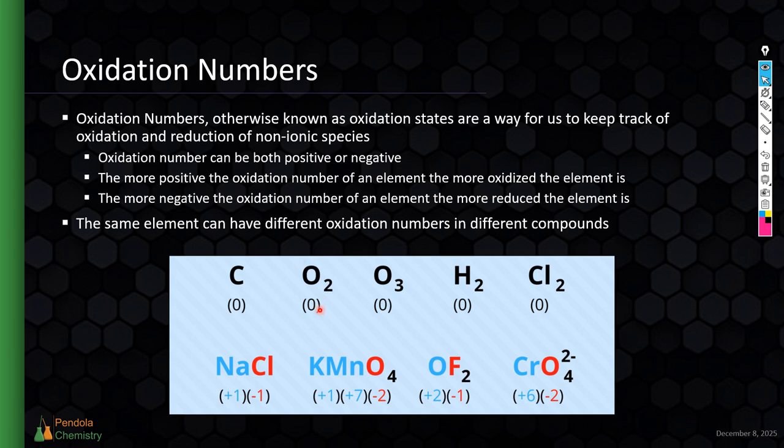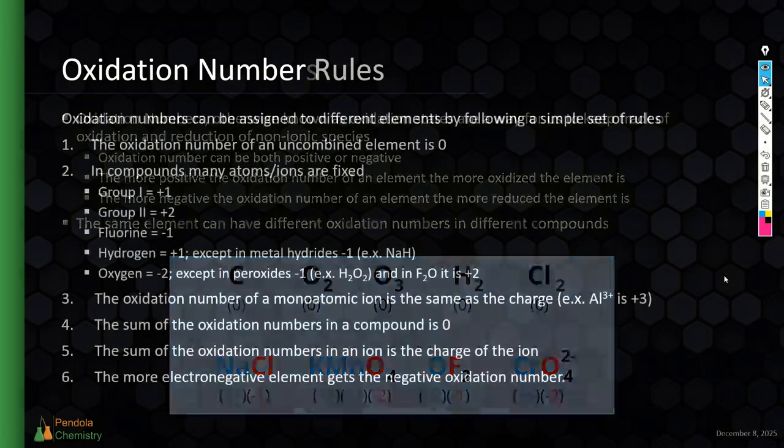O2 has an oxidation number of 0 for the oxygen, KMnO4 has an oxidation number of -2 for the oxygen, and OF2 has an oxidation number of +2. So keep that in mind as we go through this, because some elements will have only one oxidation number, whereas others can have multiple. So now that we have a basic idea of what oxidation numbers or oxidation states are, let's look at how to apply them.